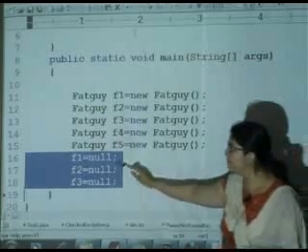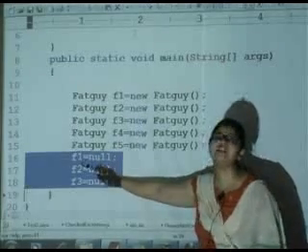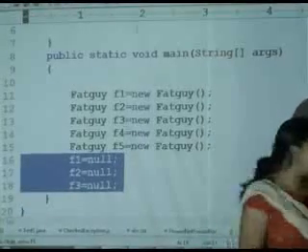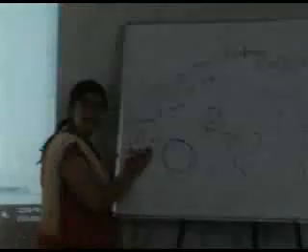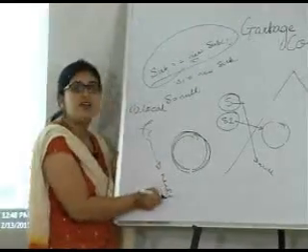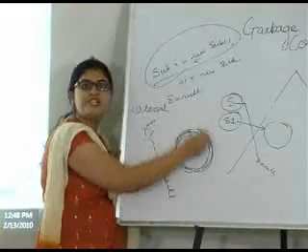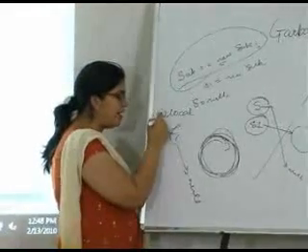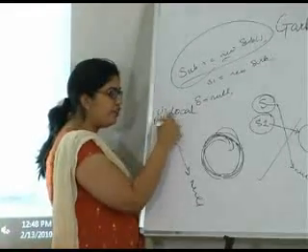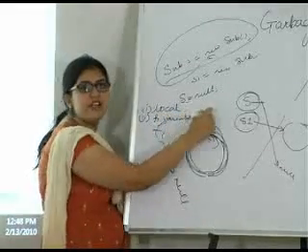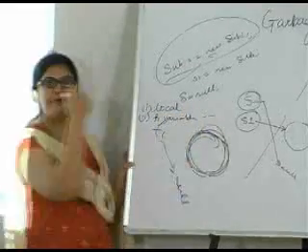That means I am removing the reference and making it point to null. If I am removing the reference from f1 and making this reference point to null, what is happening to this object again? It is becoming unreferenced. So second point is, whenever your reference variables point to null, your objects become eligible for garbage collection.